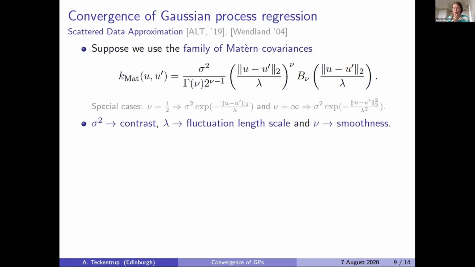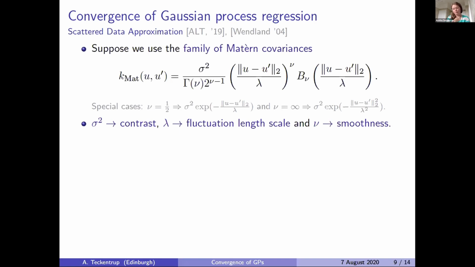And typically, let me get it right. Sample paths of this process are going to have nu derivatives, so the nu corresponds directly to the number of derivatives. The general formula looks a bit horrible. You have the gamma function here, and this is the modified Bessel function of the second kind.